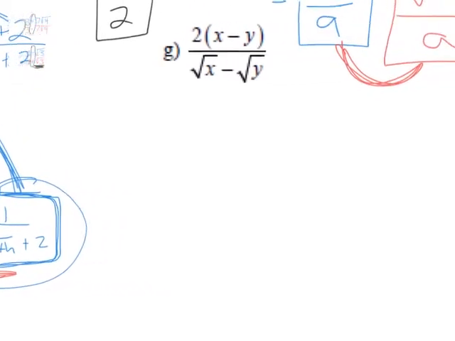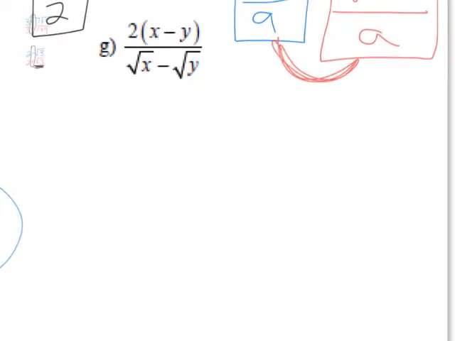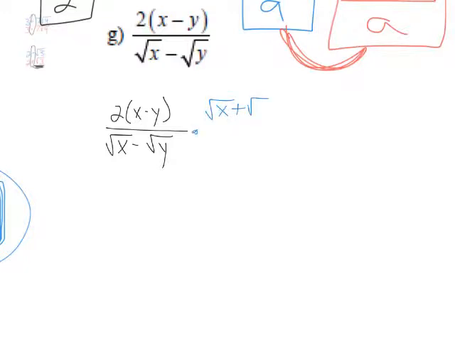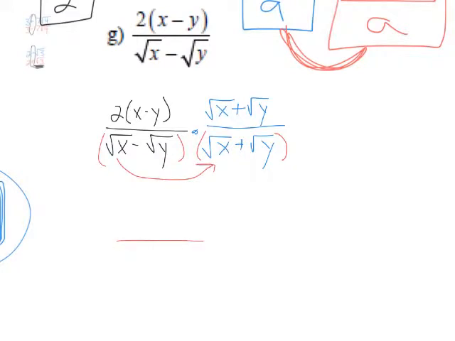So finally, let's do example G. And we've got another case where we have radicals in the denominator. So let's multiply the top and bottom by the conjugate of the denominator. So the conjugate of the denominator would be root x plus root y over root x plus root y. So that's just a clever form of 1. And if we take the denominator and we FOIL it, root x times root x is x.